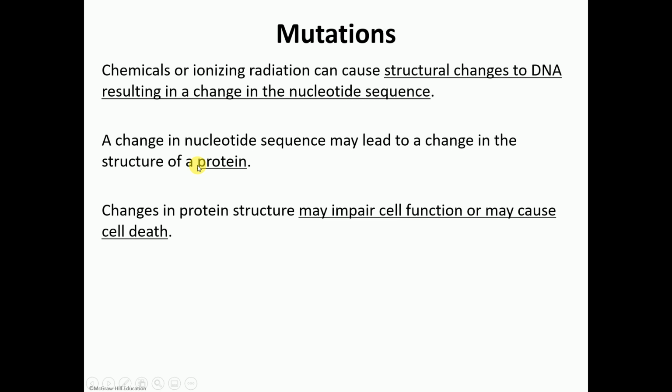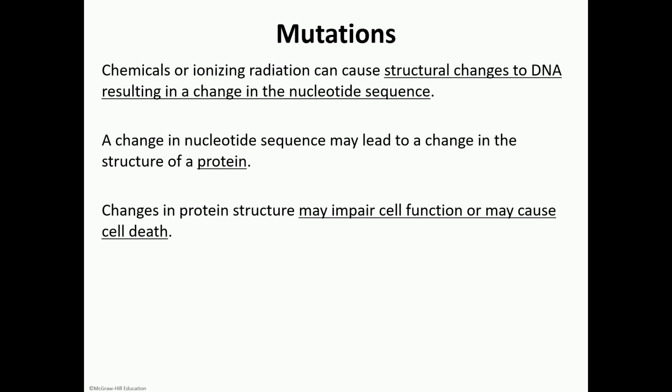Okay, so remember, the protein starts off as the sequence of bases that are found in the DNA. If you change that sequence, you have now changed the protein that needs to be made. A lot of times, though, mutations are silent.